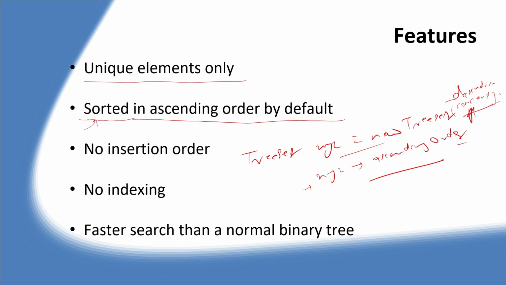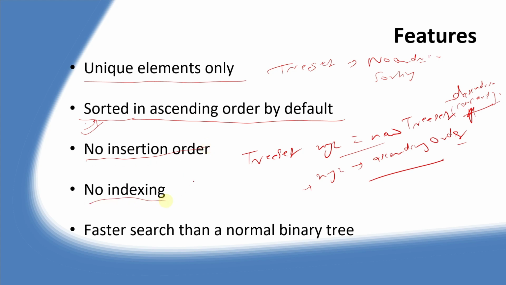And we know that for TreeSet there is no ordering, only sorting. No ordering means it will not maintain the order of insertion. It does not remember the order of insertion. That's why there is no insertion order.